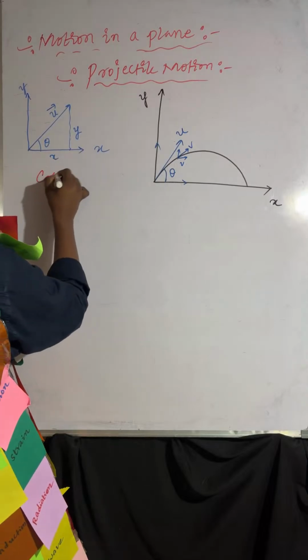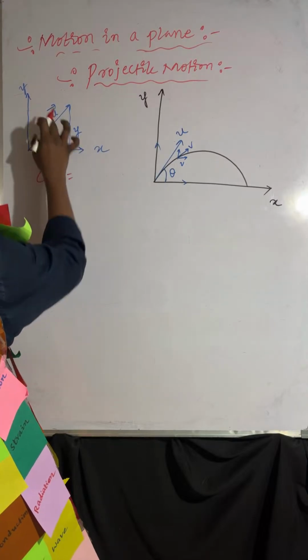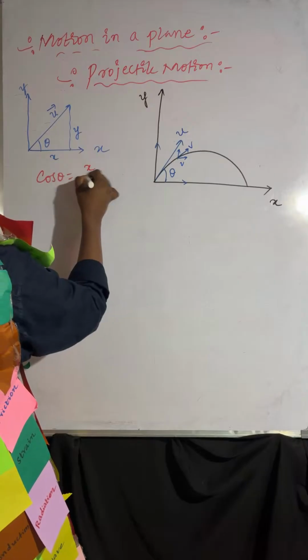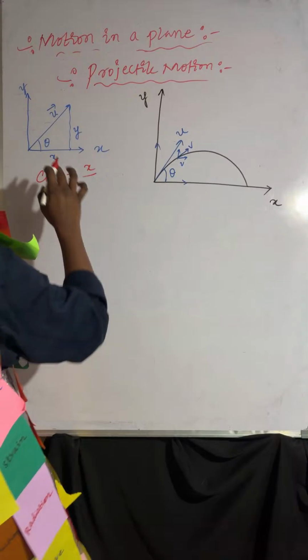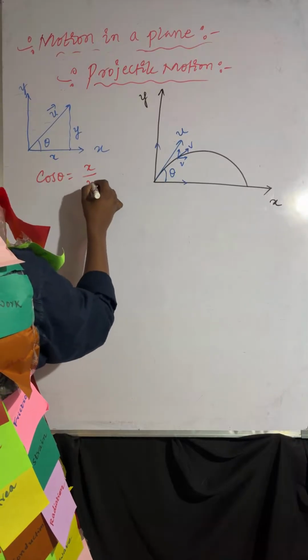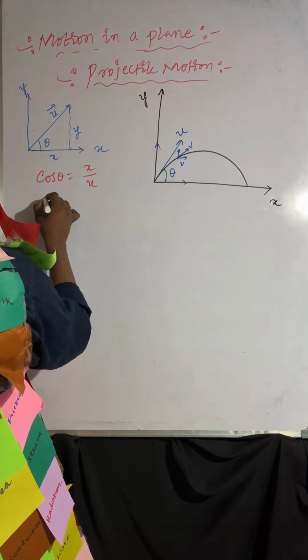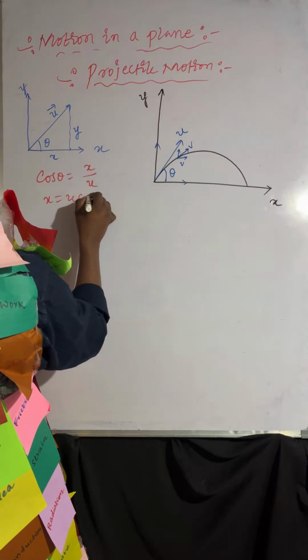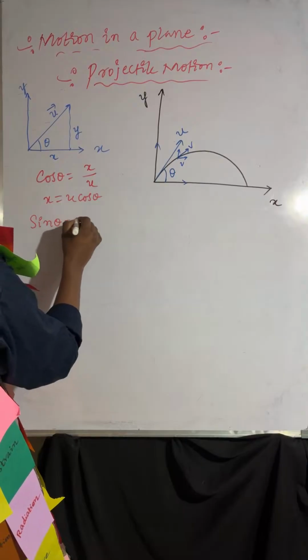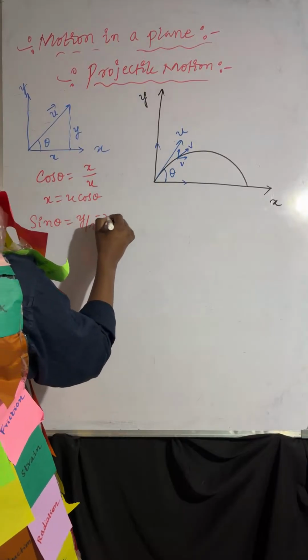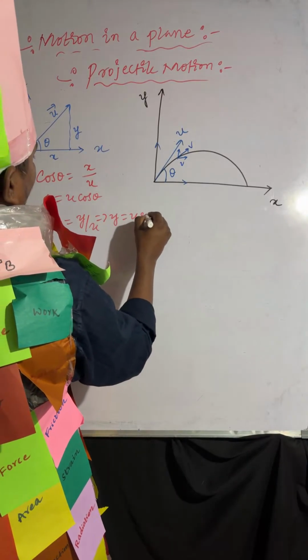Now you can see, cos theta equals adjacent side by hypotenuse. Adjacent side is x, hypotenuse is u. So x equals u cos theta, and sin theta is y by u, that is y equals u sin theta.